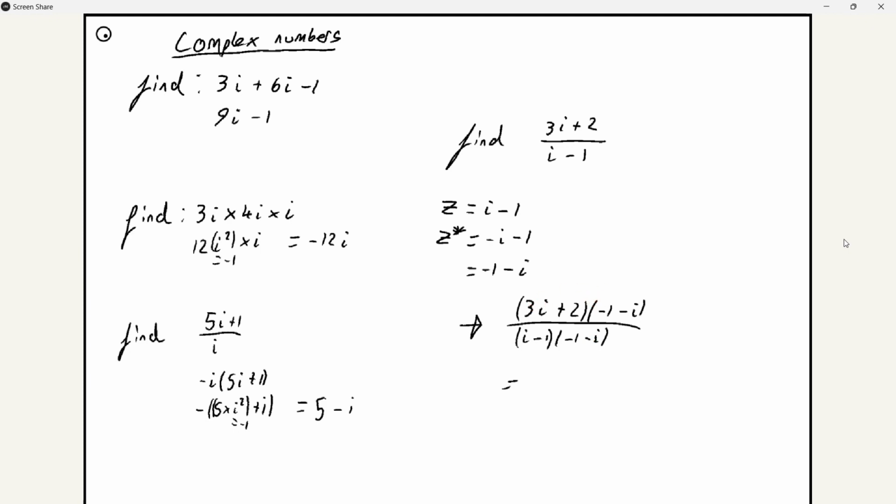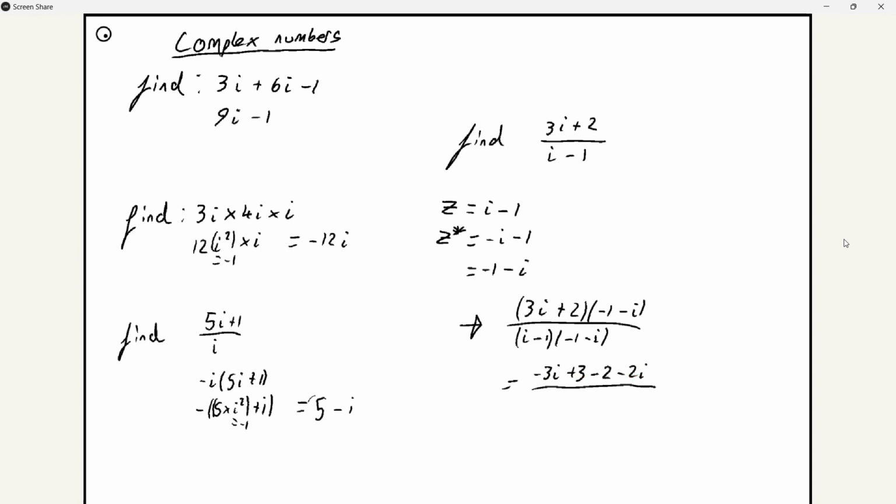We have 3i times minus 1, which is minus 3i. 3i times minus i, we figured out here, would make it just a positive real number. So we have plus 3. Then here we have minus 2 from 2 times minus 1. Then 2 times minus i, minus 2i.